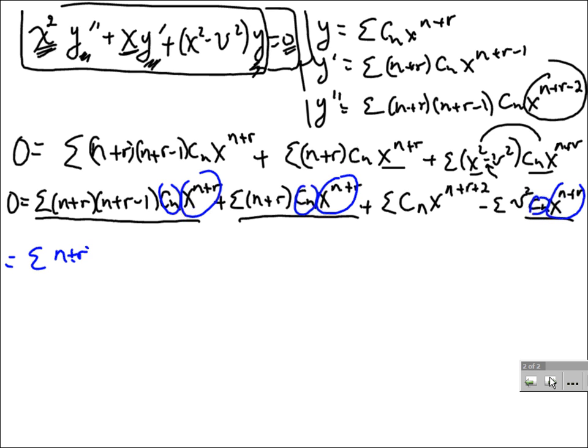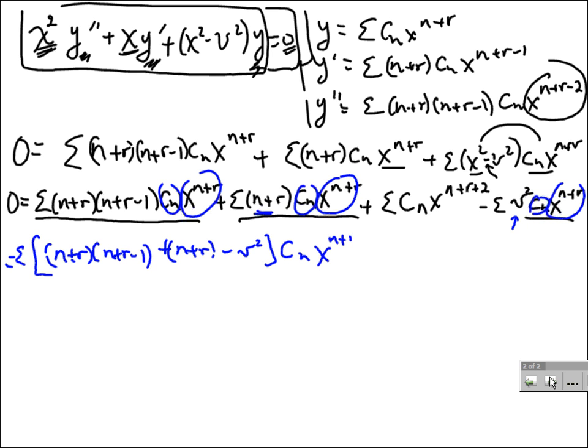Summation of (n plus r)(n plus r minus 1) plus this (n plus r) minus v squared, and this is all times c_n x to the n plus r. Plus this lone one, plus the summation of c_n x to the n plus r plus 2.